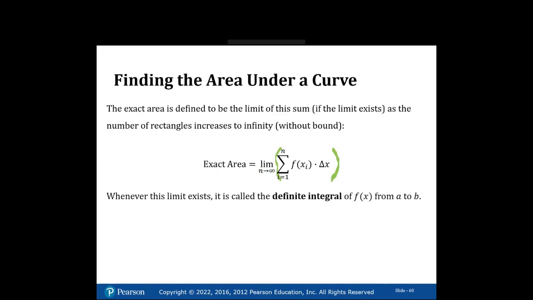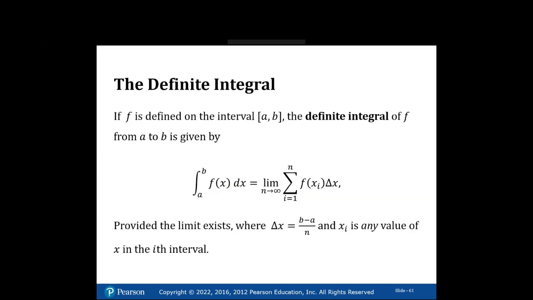And whenever this limit exists, it's defined, it's called the definite integral of f of x from a to b. Okay? So here, the definite integral of f is defined if f is defined on the interval a to b. Then the integral from a to b of the function dx is equal to this limit as n goes to infinity of the sum of all of those rectangles' area.